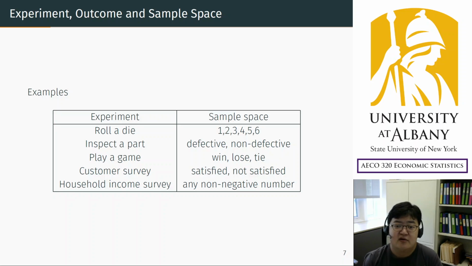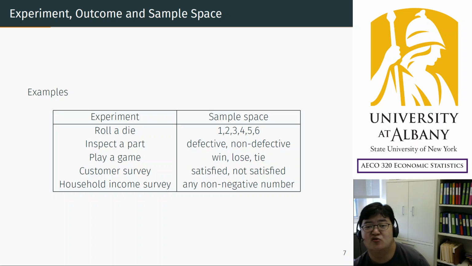Let's think about rolling a dice. Then the sample space includes 6 outcomes: 1, 2, 3, 4, 5, 6. And suppose that you inspect a manufactured part from a factory, to see if the part is defective or not. Then the outcome can be whether the part is defective or not.